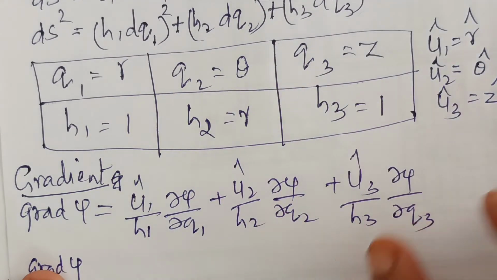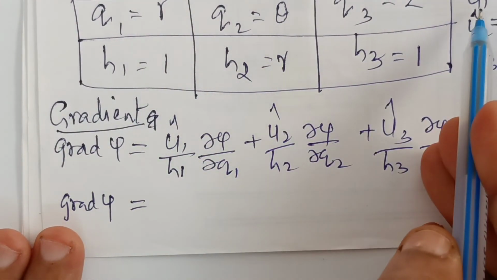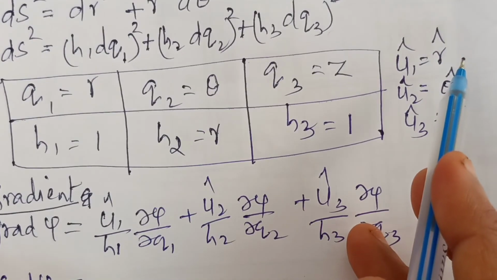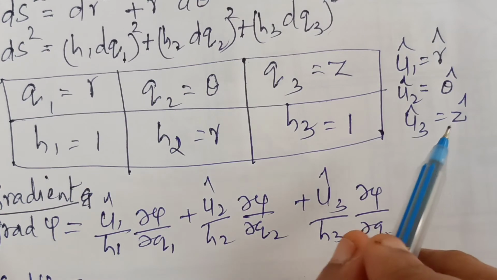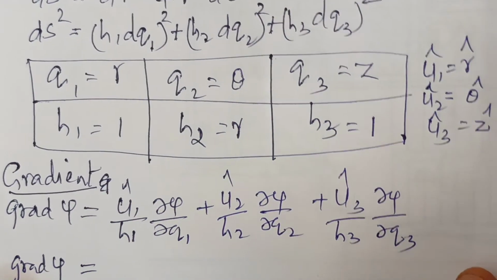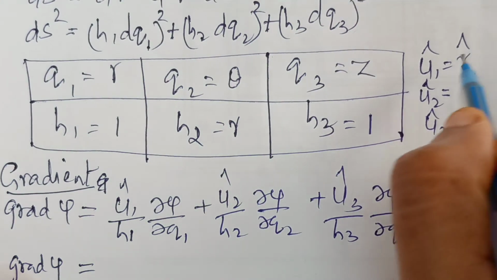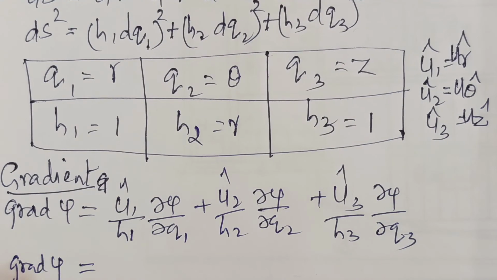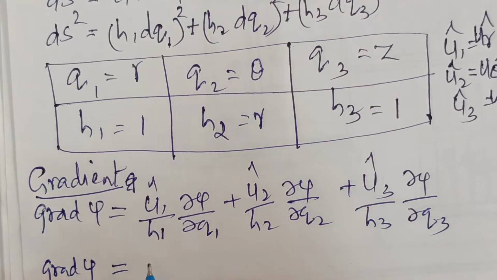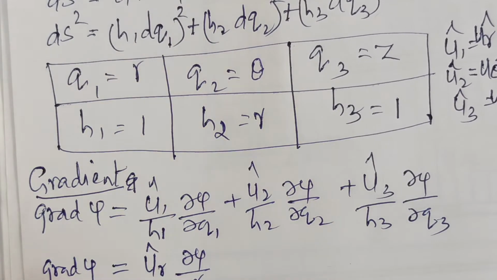Including these values, we can write gradient psi is equal to, instead of u1 we put u suffix r, instead of u2 we put u suffix theta, and instead of u3 we put u suffix z. So u r, h1 is 1 itself, dou psi by dou r, since q1 is r.